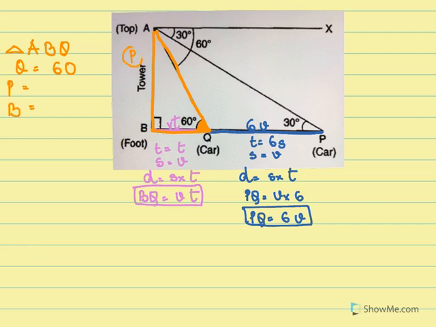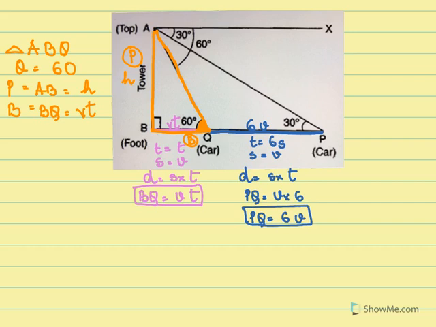Here the perpendicular is AB, which we take as H, and the base is BQ. Remember, here we are taking it as VT, and you know how we got that VT. V was our speed, T was the time, so distance was speed into time.